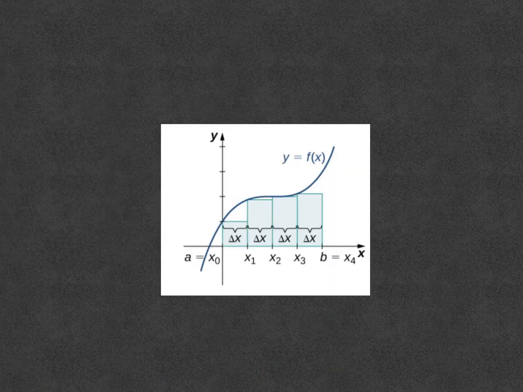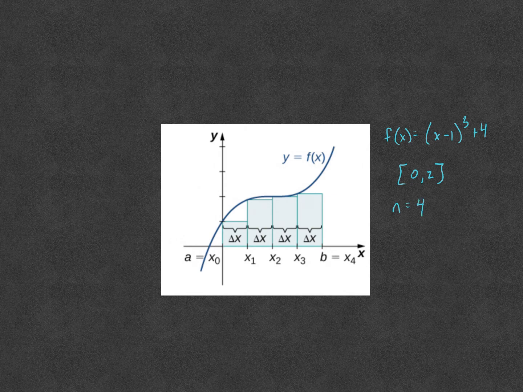Okay, so now that we've shown that we can under approximate or over approximate area under a curve using rectangles, the question becomes, how do we improve that approximation? All right, and so for that, I will show you this example. In this one, our function f of x is equal to the quantity x minus 1 to the third power plus 4, and our interval is from 0 to 2, and in this we can clearly see that the number of rectangles is 4.